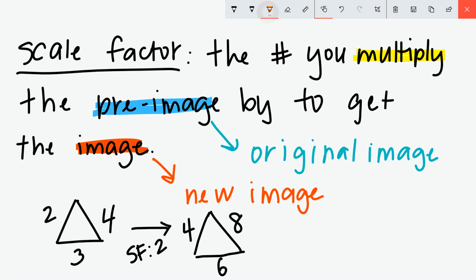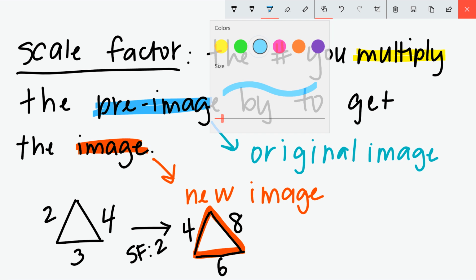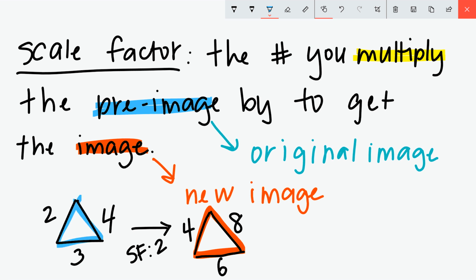Okay. This is your image, the one that I scaled it to, and this one was my preimage. I multiplied by 2 to get my corresponding sides of 2 goes to 4, 4 going to 8, and 3 going to 6.